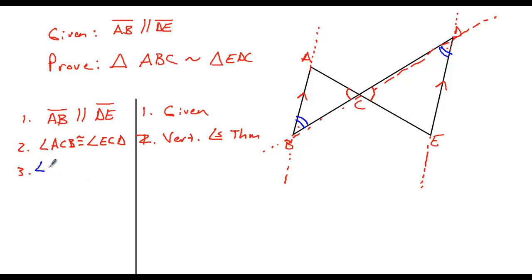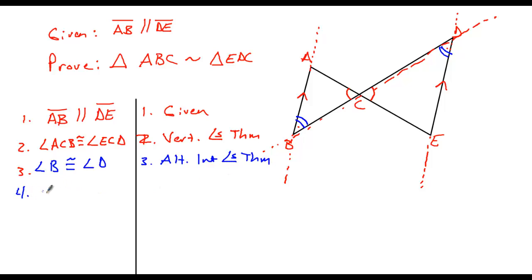So I can say angle B is congruent to angle D, and my reason is the alternate interior angles theorem.